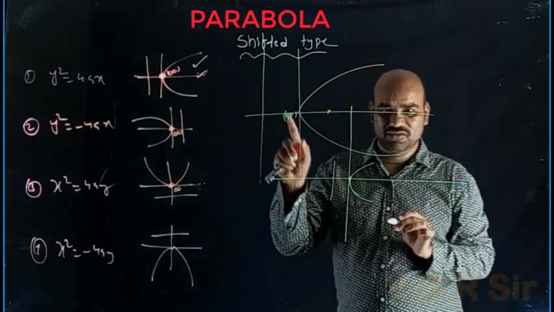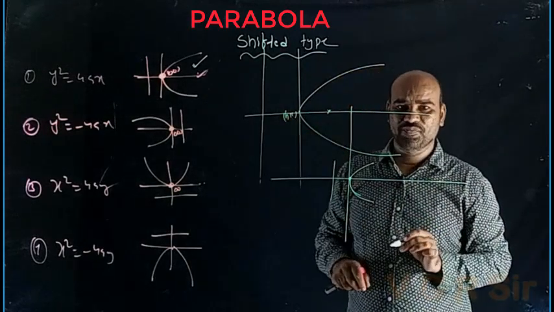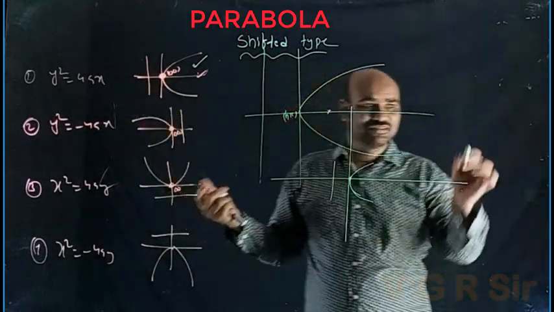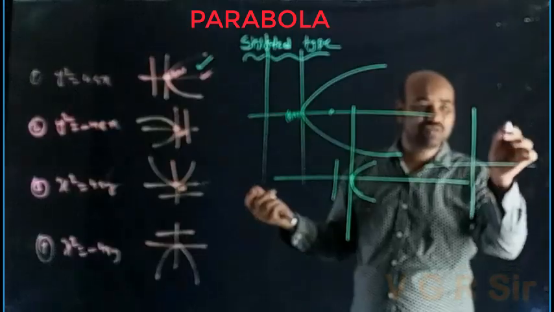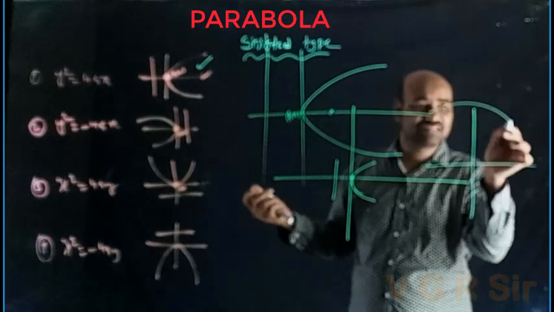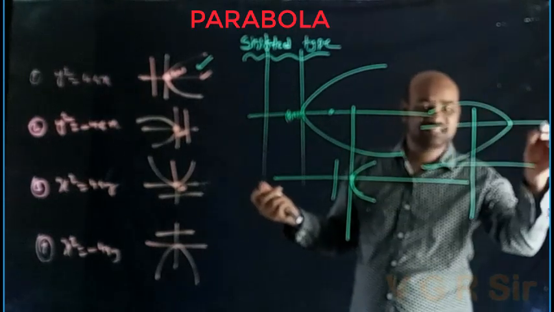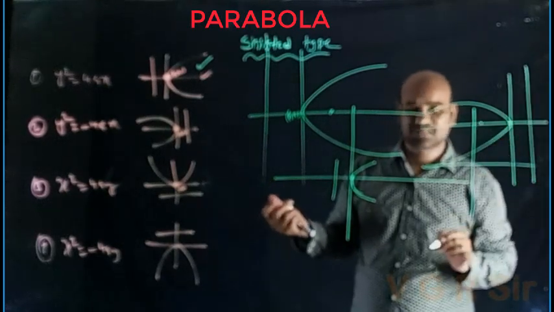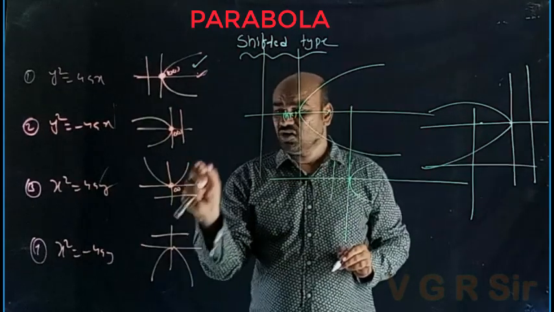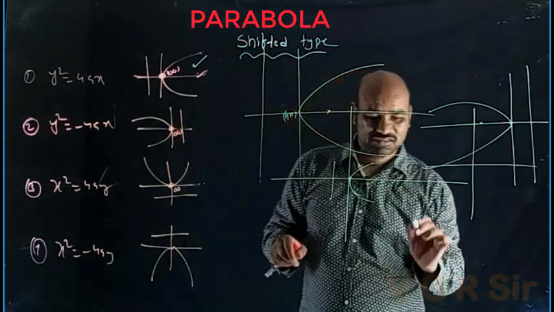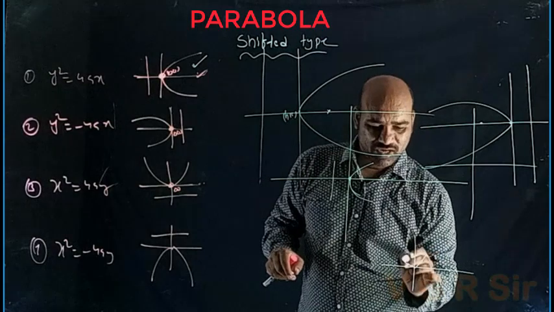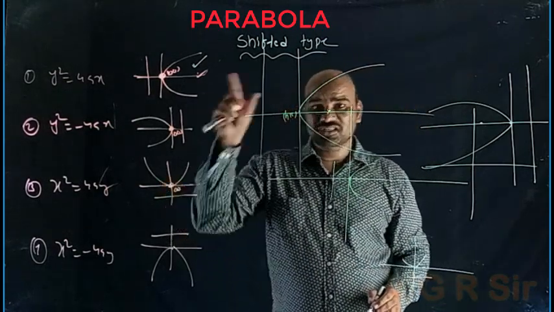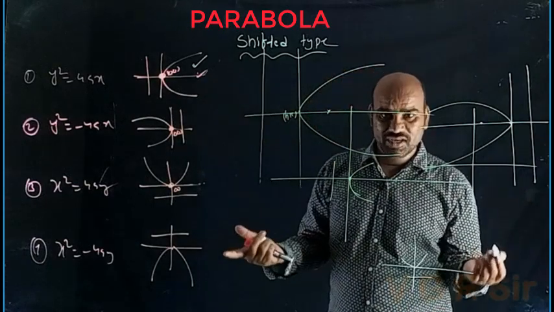Now we want to write all of these for this parabola. For this parabola, the vertex is shifted to h, k. This is the axis, shifted to h, k, and its diagram will become like this. This is the axis, this is the tangent, this is the directrix, here is the focus. Here the vertex is shifted to h, k, somewhere, for example here.